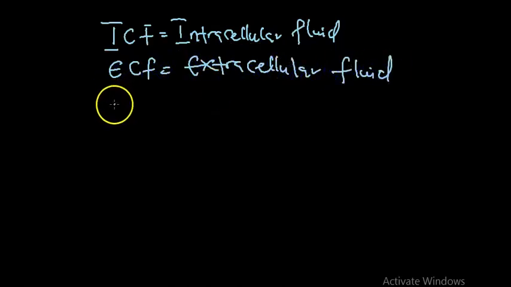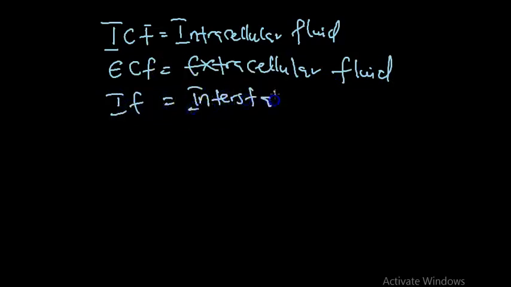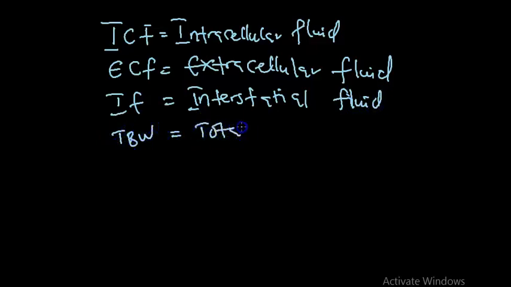We also have the IF, which simply stands for interstitial fluid. Next thing we have is TBW, which is total body weight. I need you to find a sheet of paper and a pen and write everything you see here down, as we are going to be using it throughout this video.